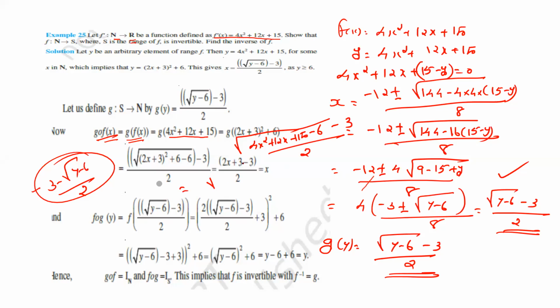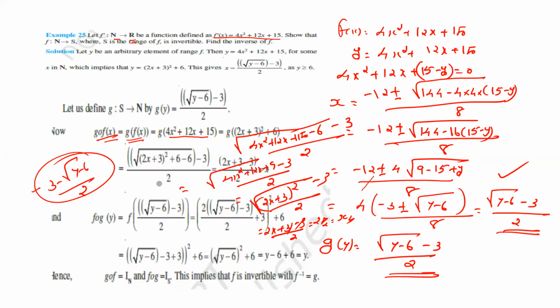So this will be root of 4x squared plus 12x plus 9 minus 3 by 2. So that is root of 2x plus 3 the whole squared minus 3 by 2. So 2x plus 3 minus 3 by 2. Minus 3 plus 3 cancel. 2x by 2. What is 2x by 2? x. So you are getting g composition f is equal to x.